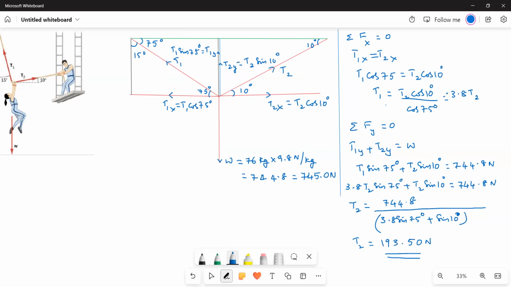And then T1 is equal to 3.8 T2, so that is equal to 3.8 times 193.5, which is 735.3 newtons.